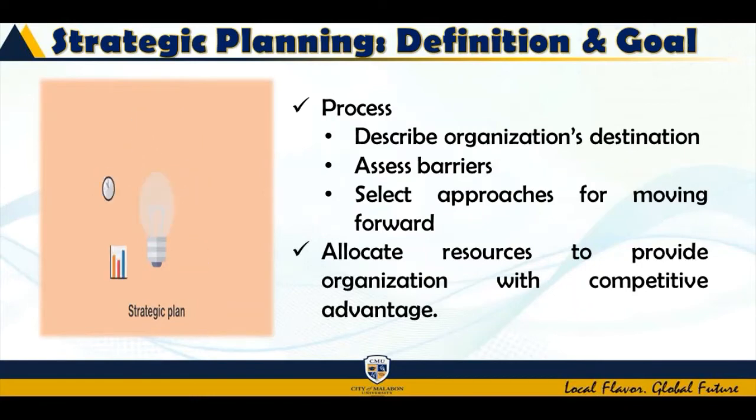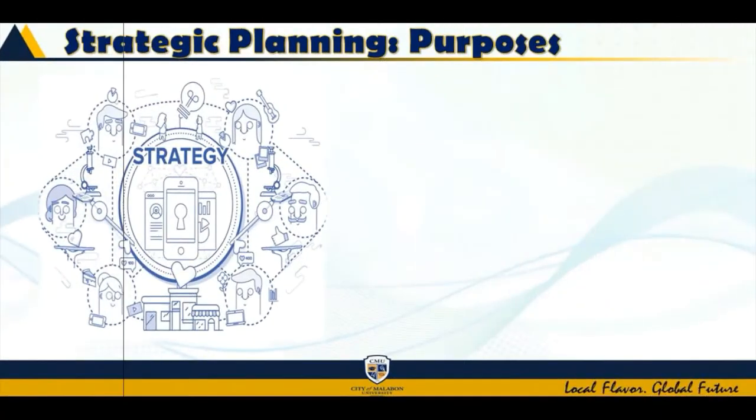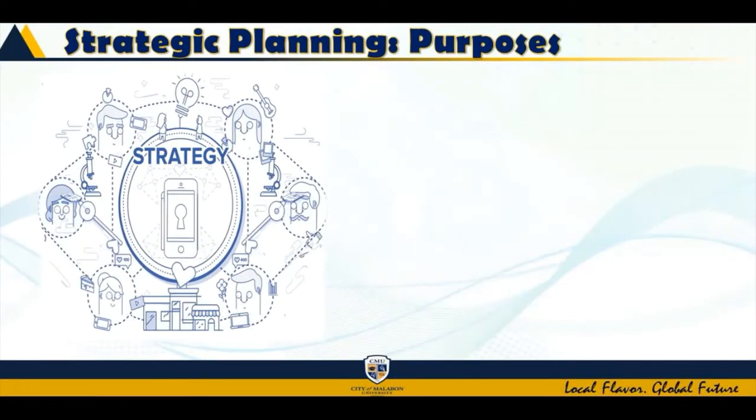So the main goal of strategic planning is definitely to allocate resources in a way that provides the organization with a competitive advantage. Overall, a strategic plan serves as a blueprint that defines how the organization will allocate its resources in pursuit of its goals. Now, let's talk about the purpose of strategic planning.